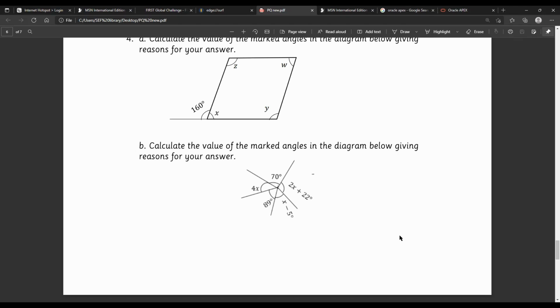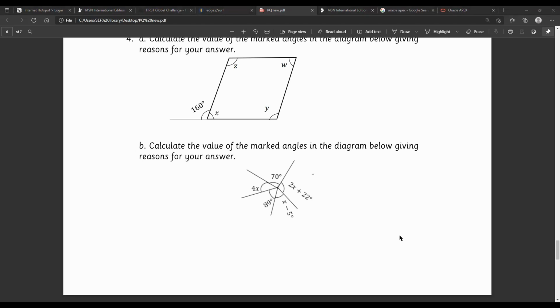So we are going to be applying the rule which says the sum of angles at a point is equal to 360 degrees.